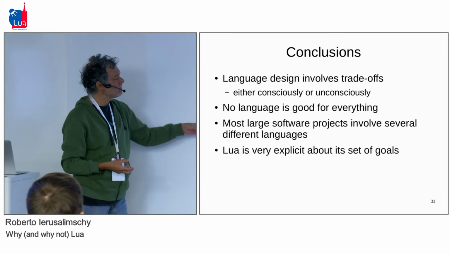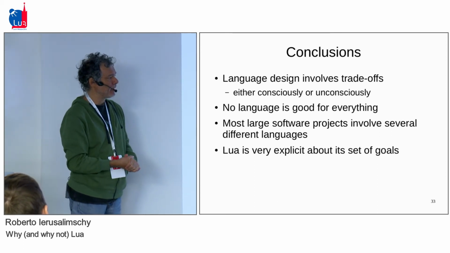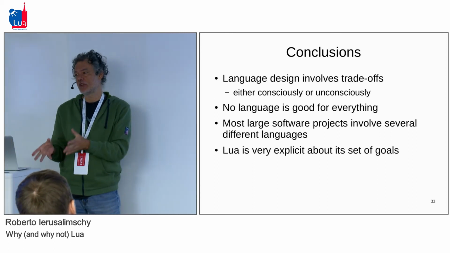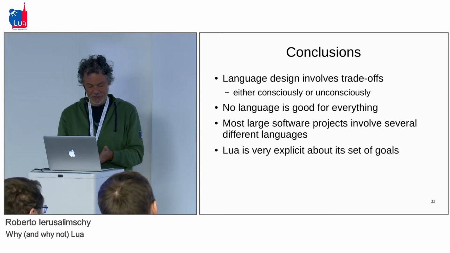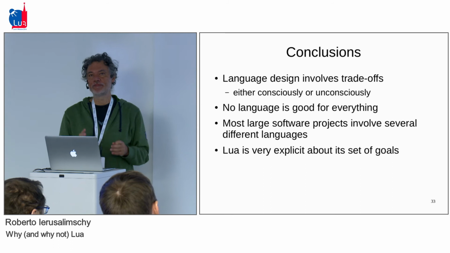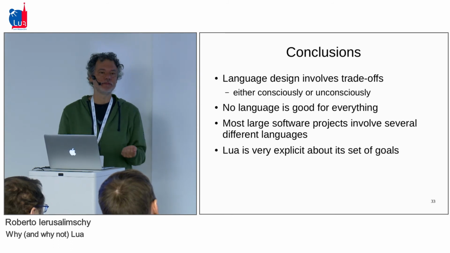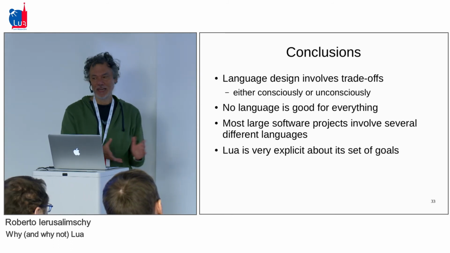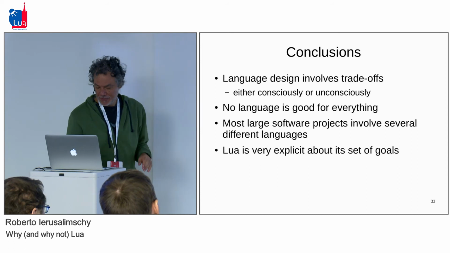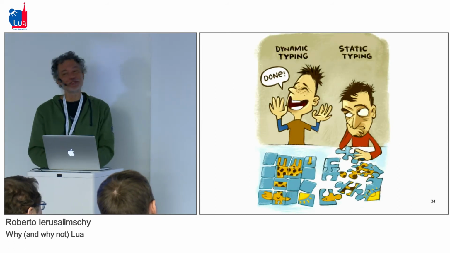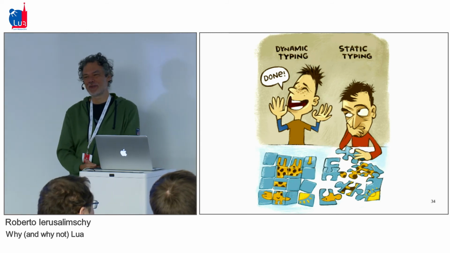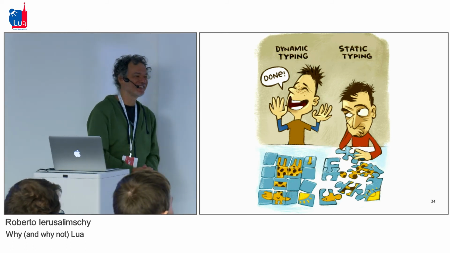And Lua is very explicit about its set of goals. It's a language that is very well defined, with strong, good parts and also bad parts, of course. And to finish, I love this illustration of compromises.